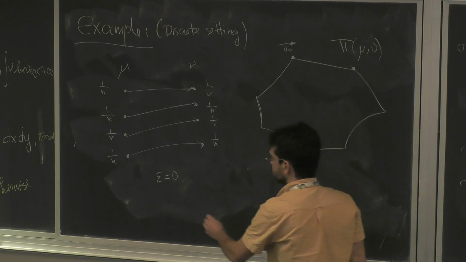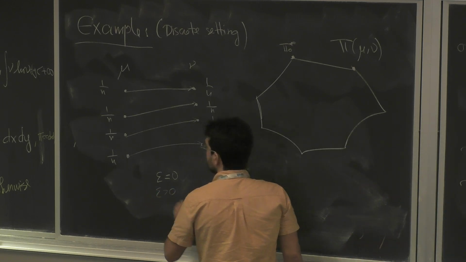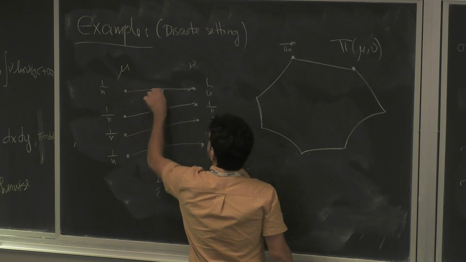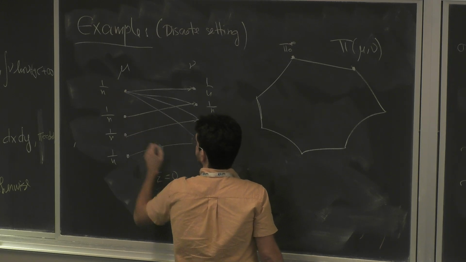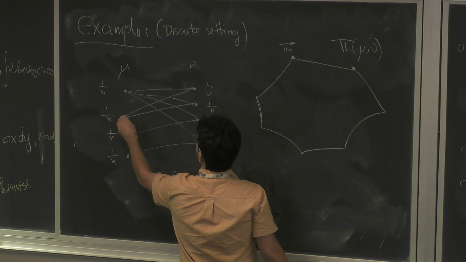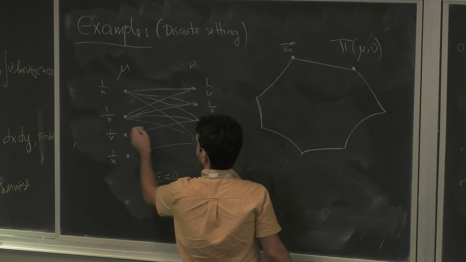So as soon as epsilon is bigger than 0, you start to interact a little bit more. So probably you're going to have some weight that goes here, but you also interact with your neighbors. And the same for all the others.